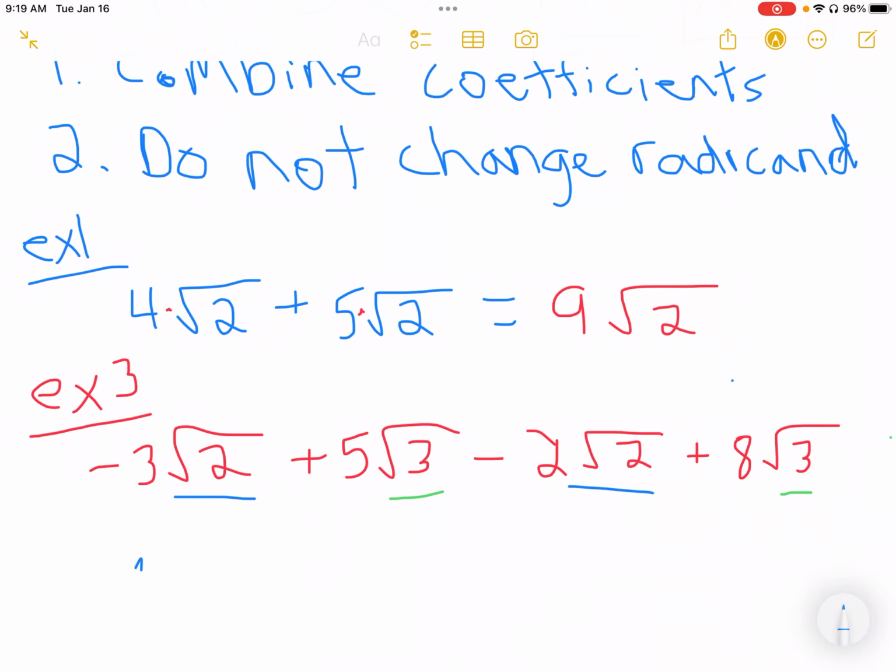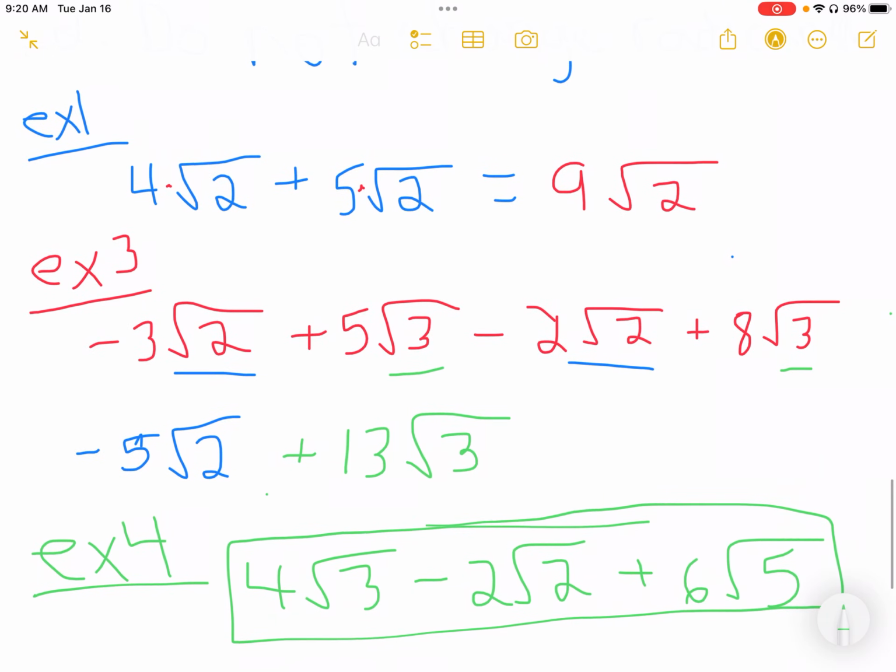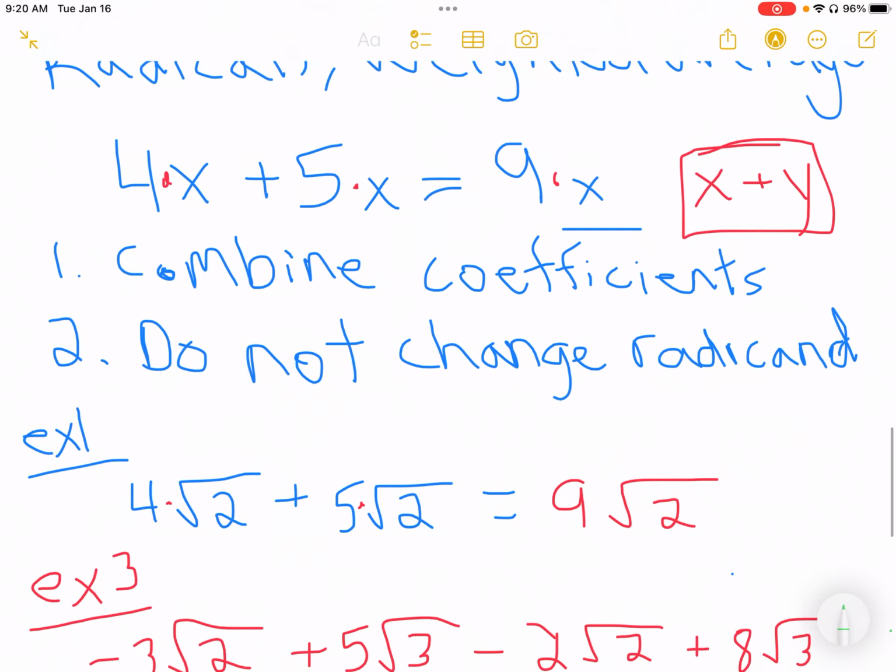Okay, let's think about this. I have a root 3 in this first one, a root 2 in the second one, and a root 5. So actually, I can't combine any of it. So this is my final answer. Just trying to give you a trick question. You call it a trick question, but it's just a question to test your comprehension. Okay? Alright, so there we go. So it's just like adding these variables.